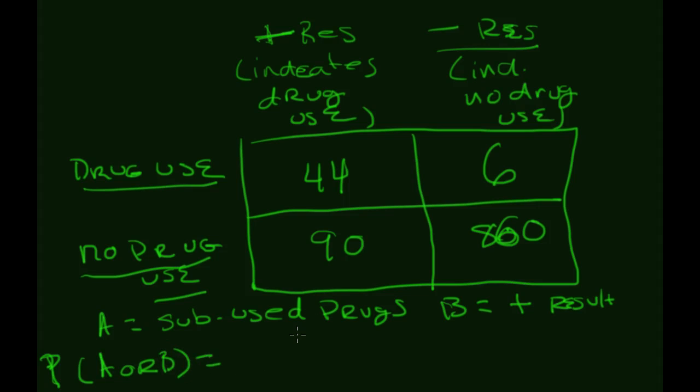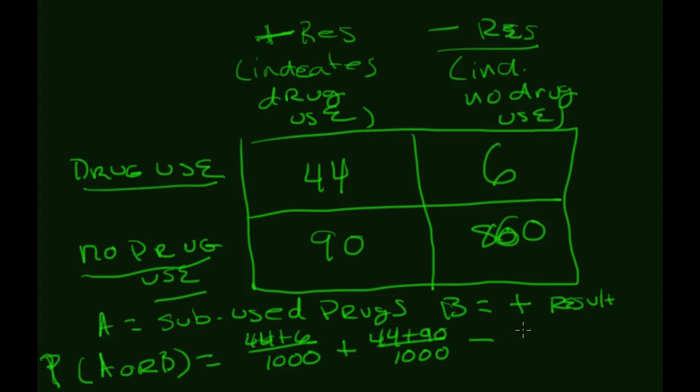So if we look at this, the number of people who used drugs was 44 plus 6 out of 1,000, because that's the ones that used drugs got a positive, used drugs got a negative. The folks that got a positive result are this column, so that's 44 plus 90 out of 1,000 got the positive result.